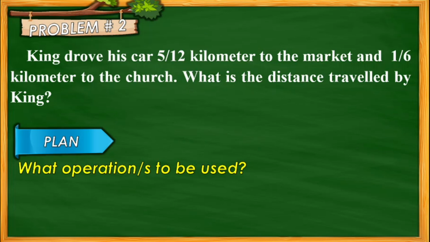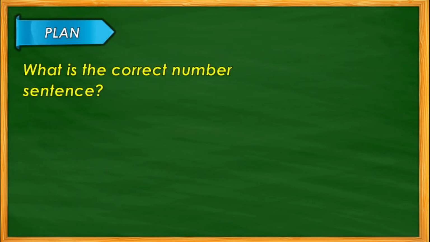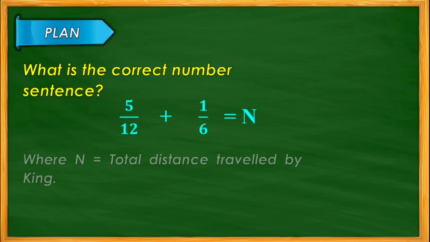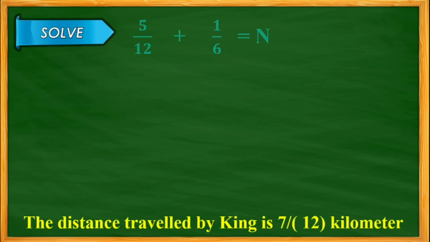What would be the operation to be used? The operation to be used is to add. And what is the correct number sentence? The correct number sentence is 5/12 plus 1/6 is equal to n, where n is the total distance traveled by Kite.